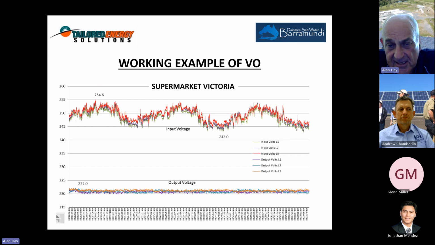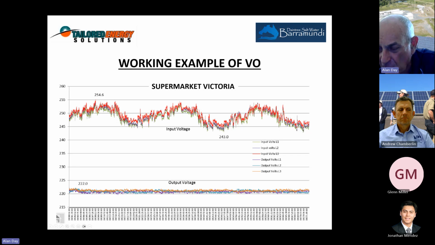It's quite an interesting slide because you can see that variation in the top set of colored lines. Those are basically what's being supplied to the supermarket. And you can see, firstly, there's quite a bit of variation between the phases, and they're quite erratic. And what you're seeing here, those peaks, you see the three peaks in the curves.